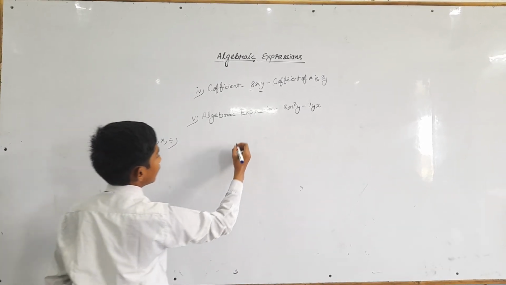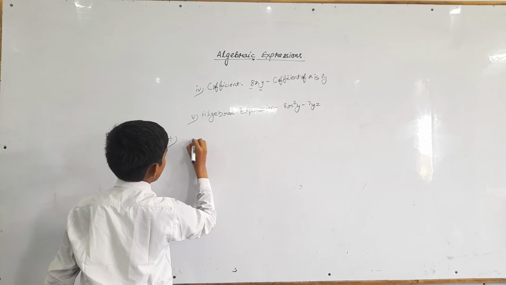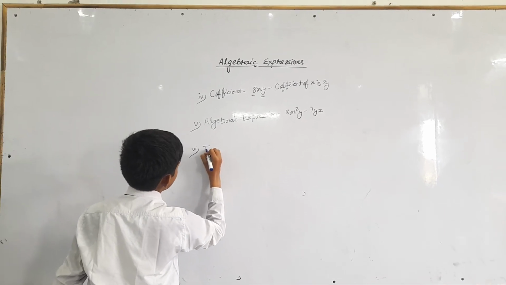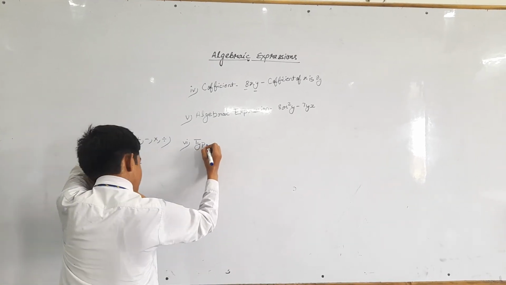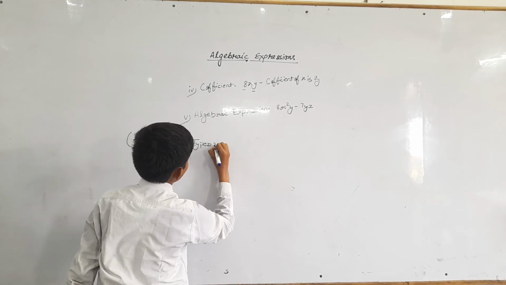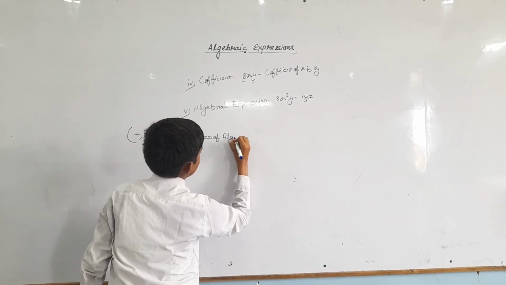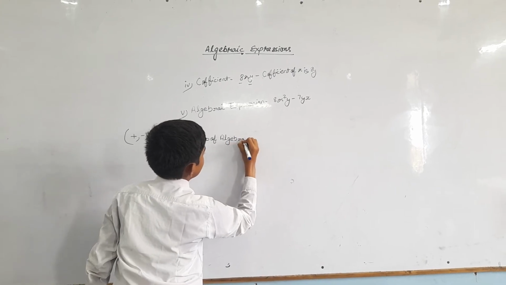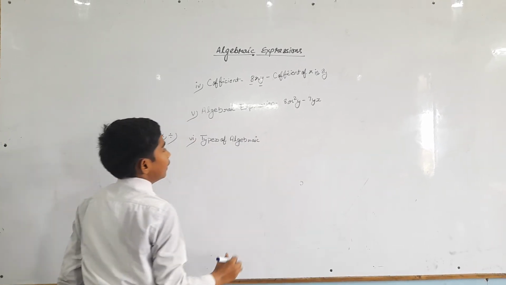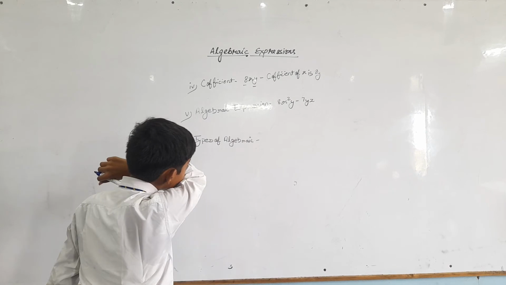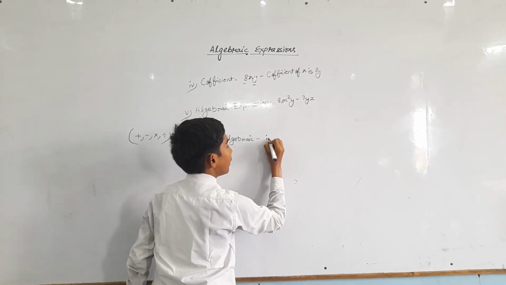Then we move to my sixth topic, types of algebraic expression. There are four types of algebraic expression. First is monomial.